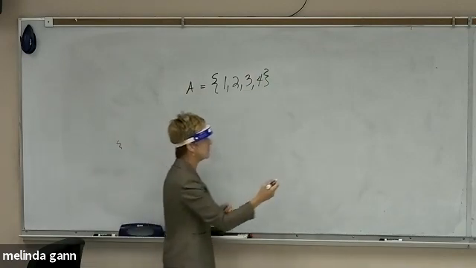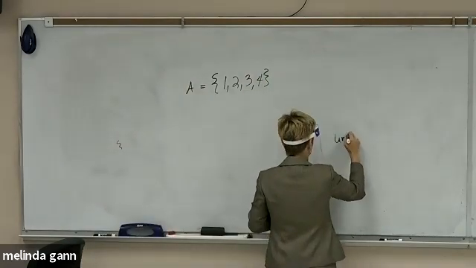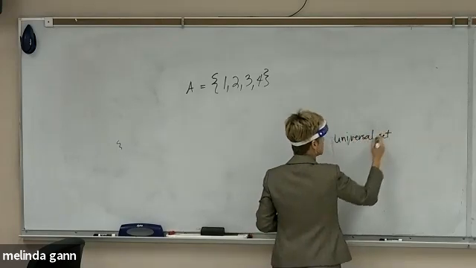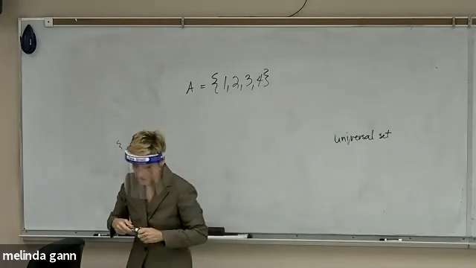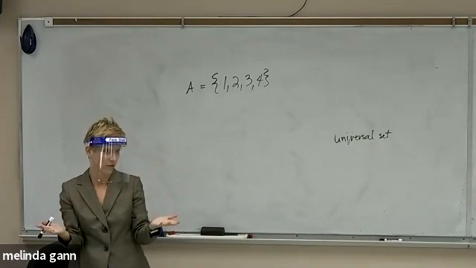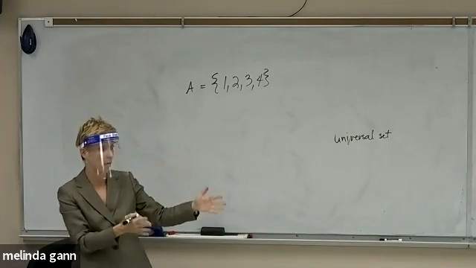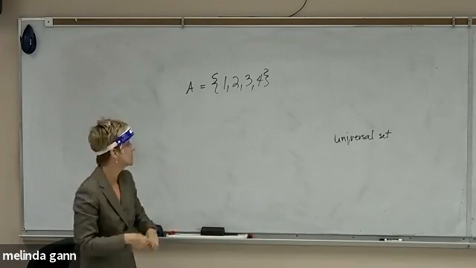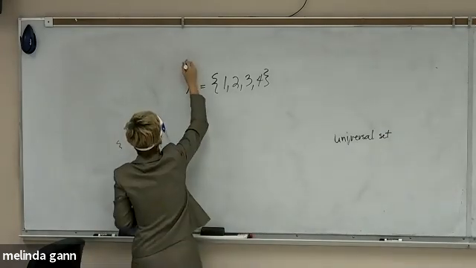Now, there's something called a universal set. The universal set is a set with all the things in it, kind of in your universe. It's going to change from problem to problem. They're going to have to tell you what the universal set is. So, a lot of times it'll do something like this.